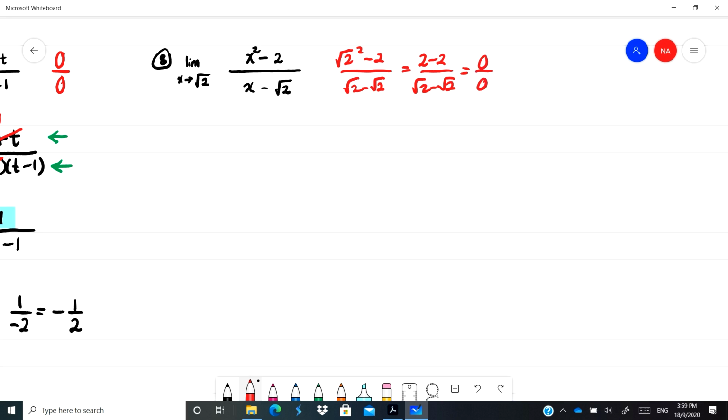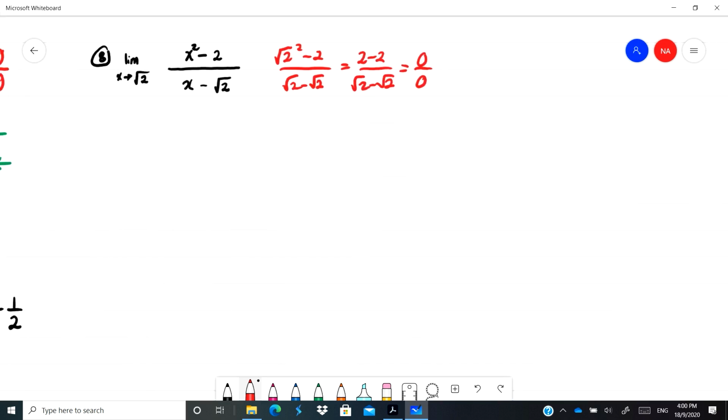One way of factorization is this. Please take note that we are not substituting the limit yet, so write it back: limit as x approaching square root 2. This is actually x squared minus square root 2 squared, because 2 is actually square root 2 squared.